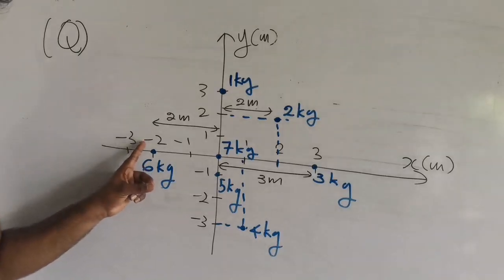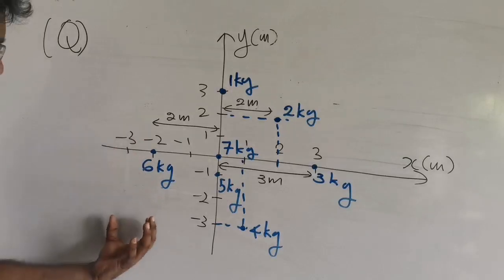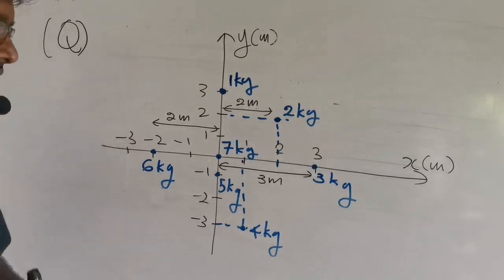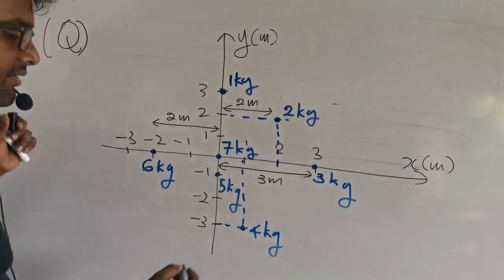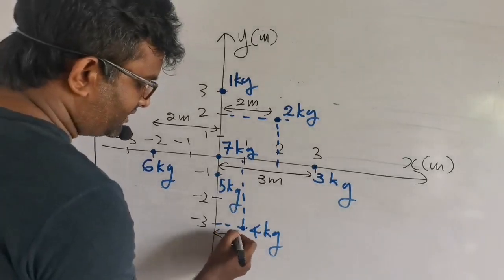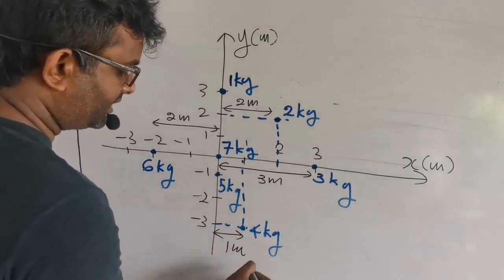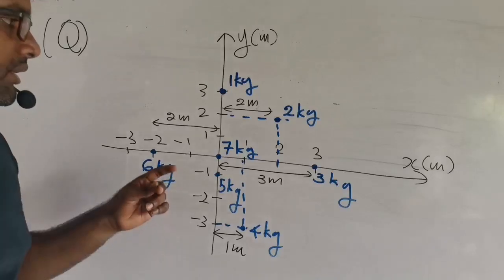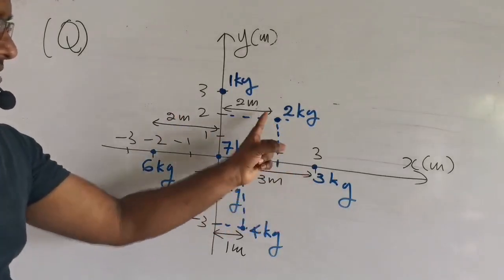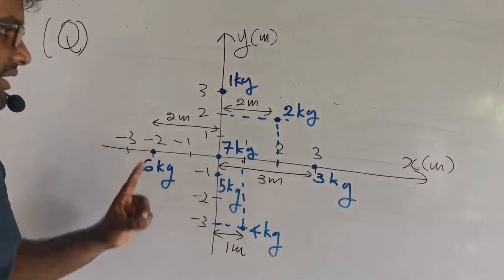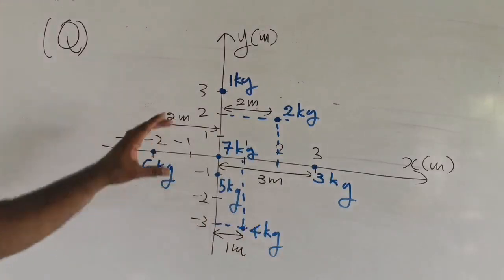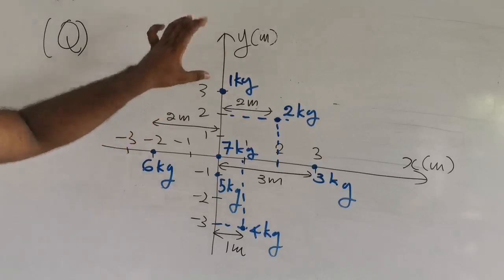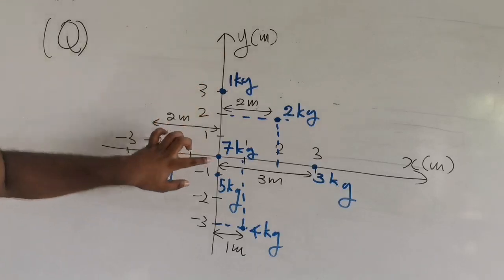Distance is a perpendicular distance, a scalar quantity, no signs. Then 4 kilograms from the axis, that distance is again 1 meter. So we consider only these masses.